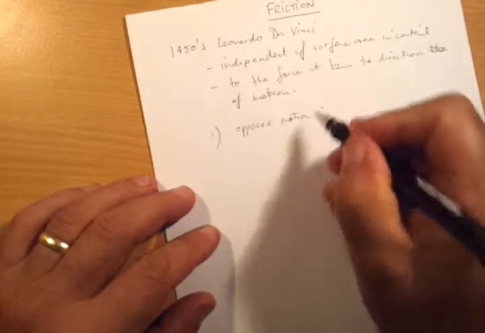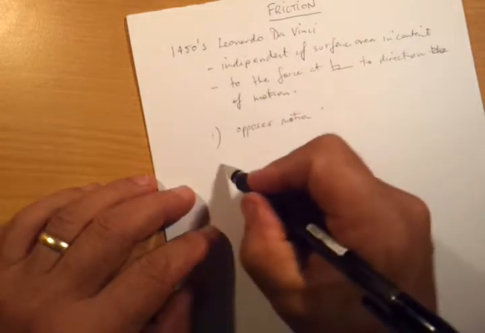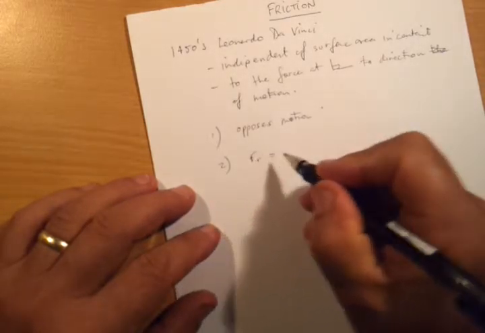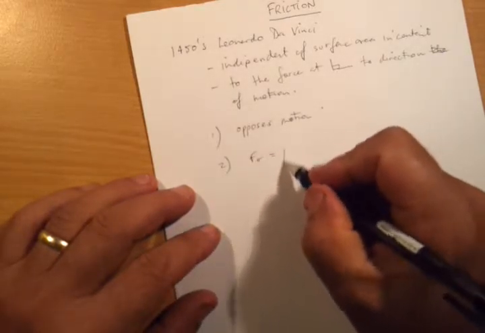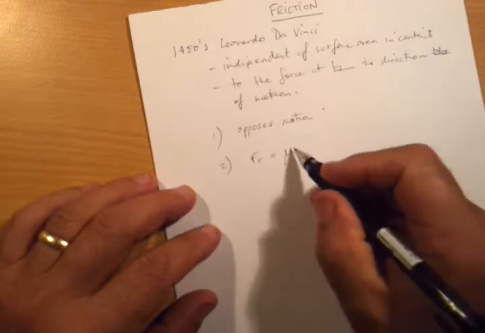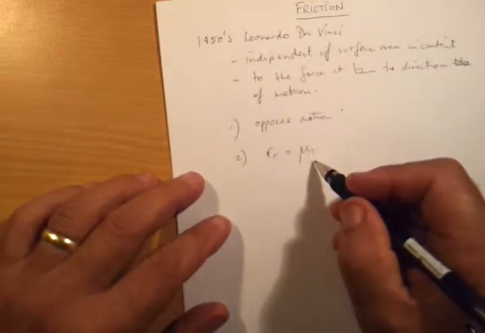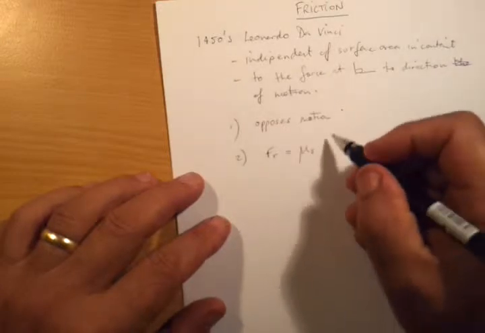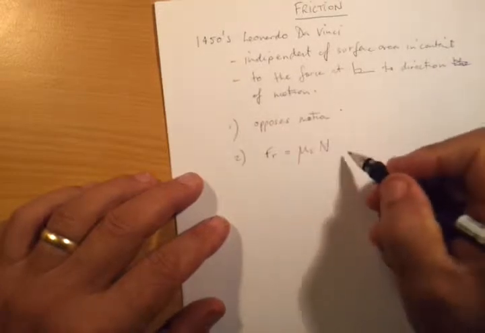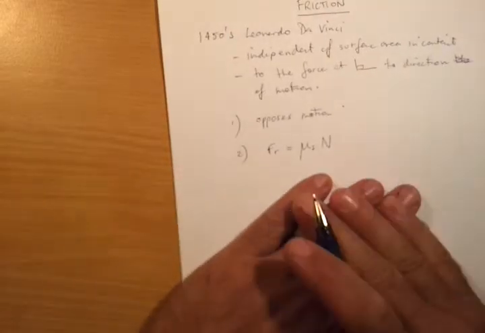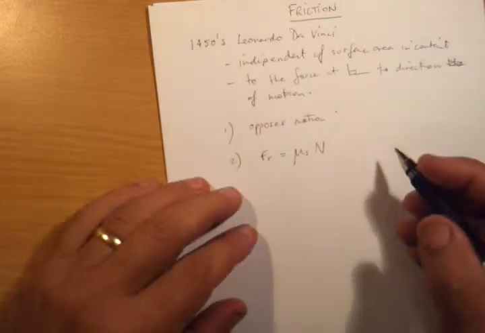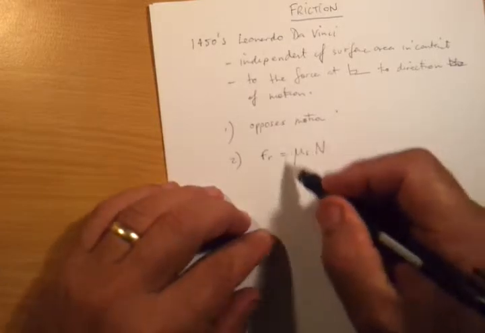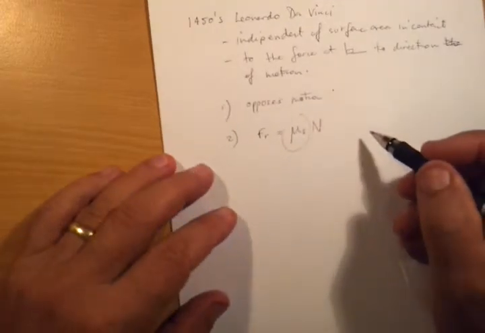The second one is that a frictional force can be summarized by a constant called mu, and mu_s stands for the static coefficient of friction, multiplied by the normal force applied to the two objects that are in contact with each other. So normal force being a right angle force. This coefficient of friction we'll talk about a little bit more later on.